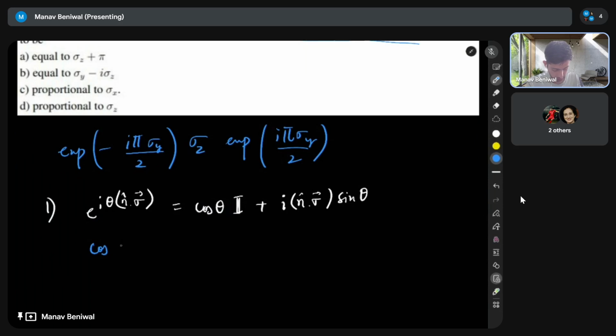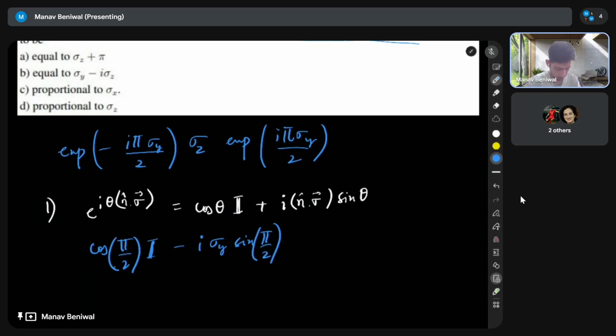So this first term will give us cos of pi by 2 times I, and this plus will become minus, then we will have iota, and because here this is sigma y, this will be sigma y and sine of pi by 2.